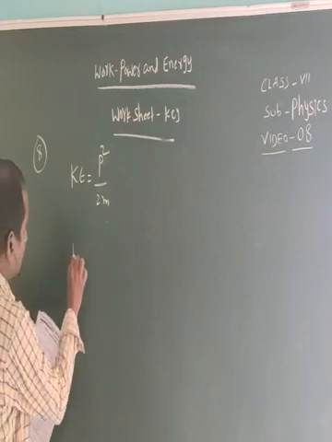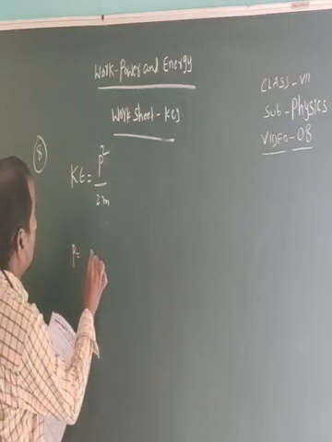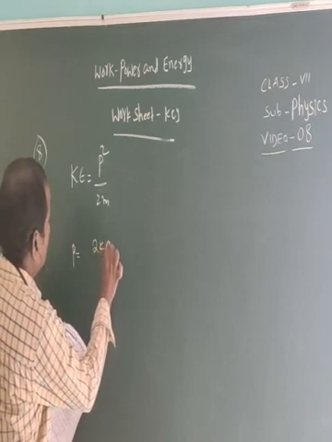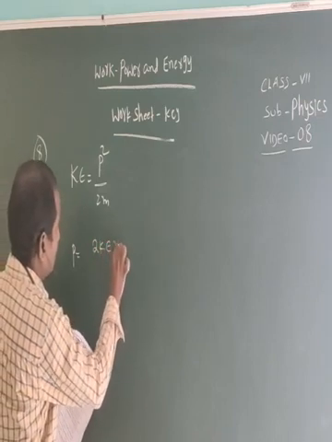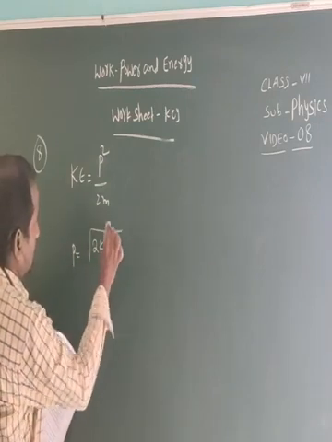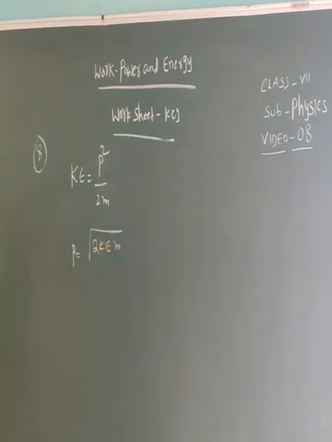Or P equals root of 2K into m. It is the relation between kinetic energy and momentum.